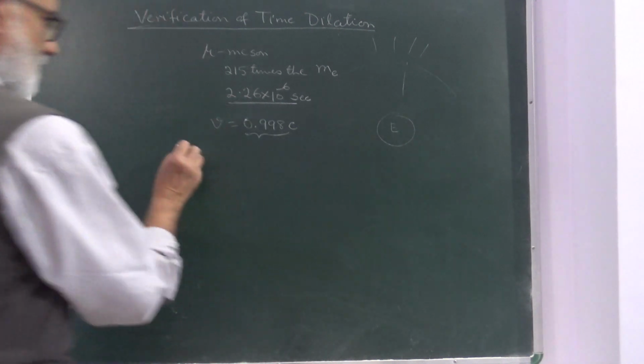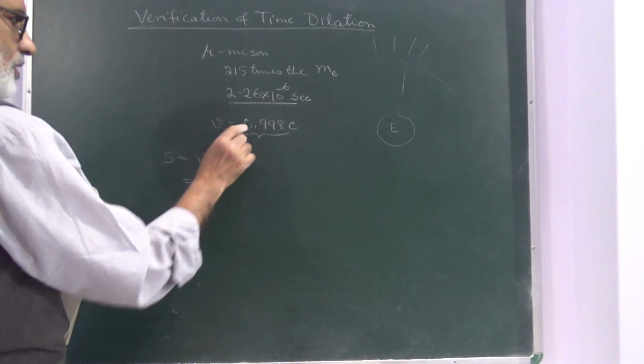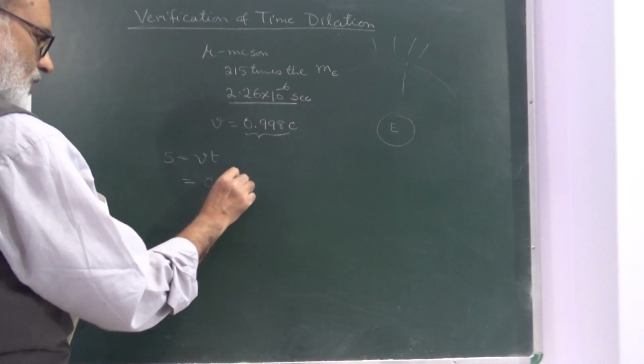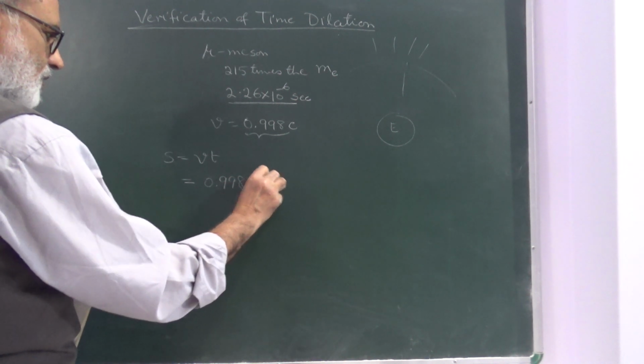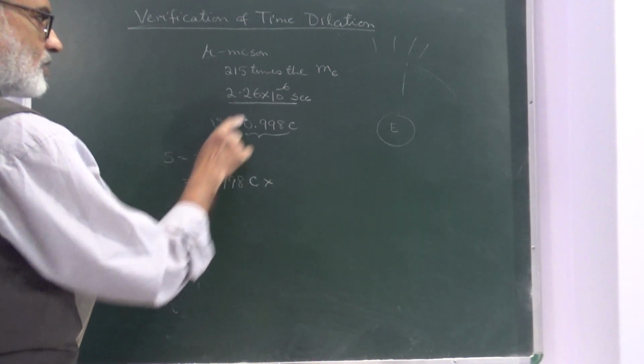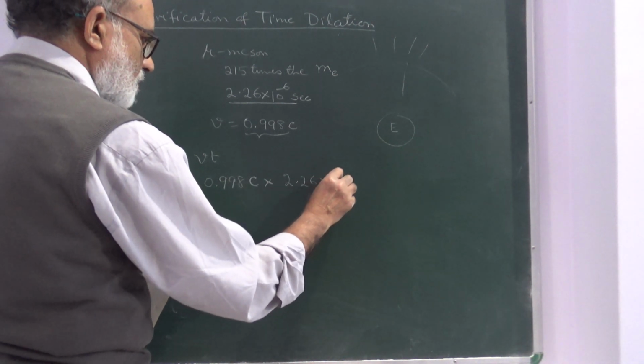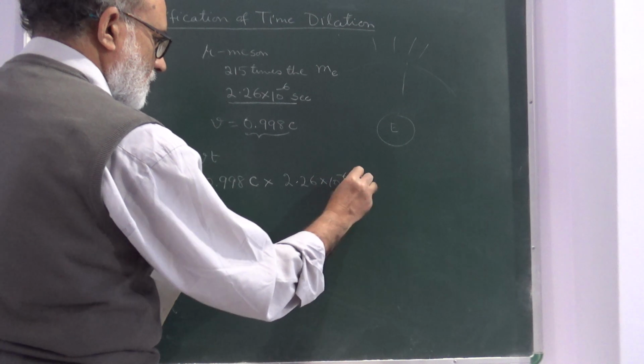So distance S is equal to Vt. V is 0.998 times the speed of light, and its lifetime is 2.26 times 10 to the power minus 6 seconds.